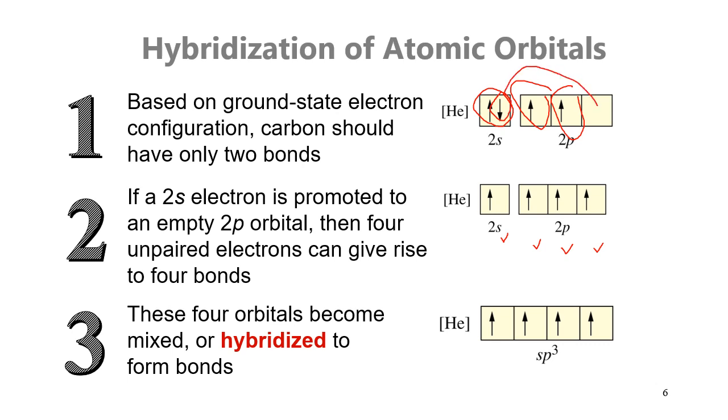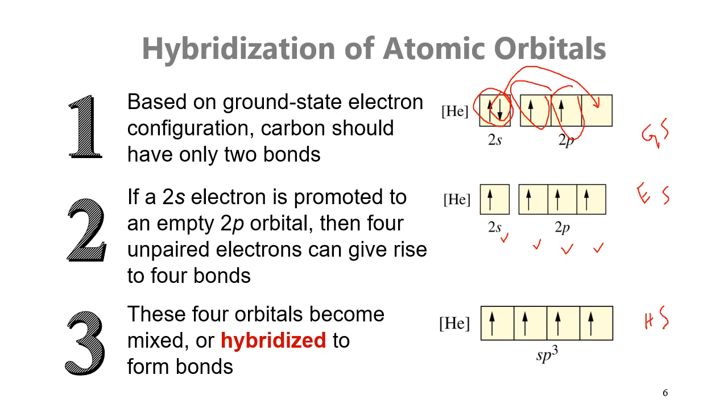Because this electron can be promoted here, in this case these four orbitals become mixed or hybridized to form bonds. So this is the ground state, this is the excited state, this is the hybrid state.